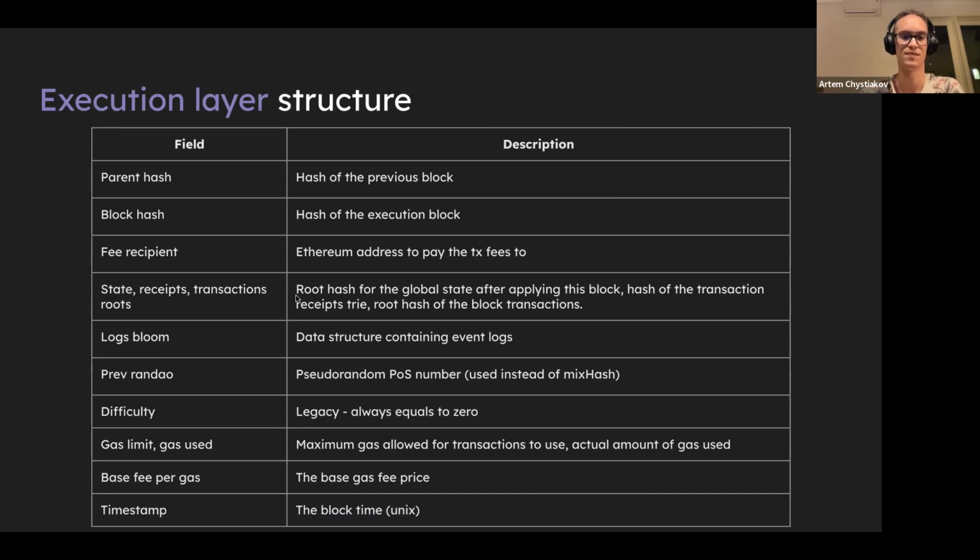The first one is the tree that in every leaf of this tree has another tree, which in turn stands for the state of a smart contract. So we have the smart contract.